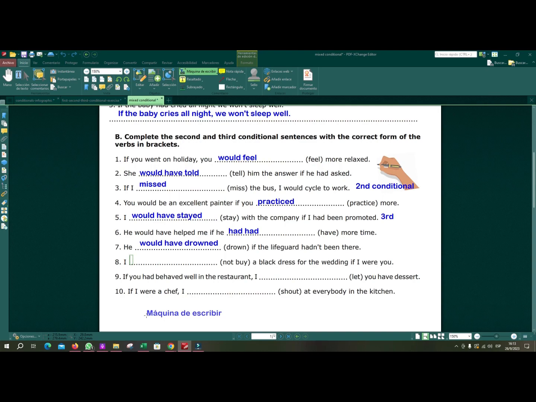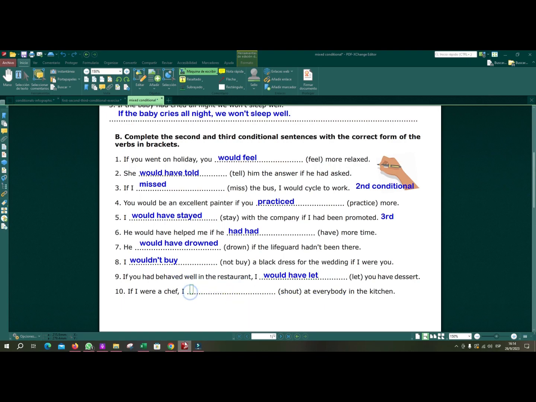So that will be second conditional, right? Number 9. If you had behaved well in the restaurant, I would have let you have dessert. Okay, so that would be nice.